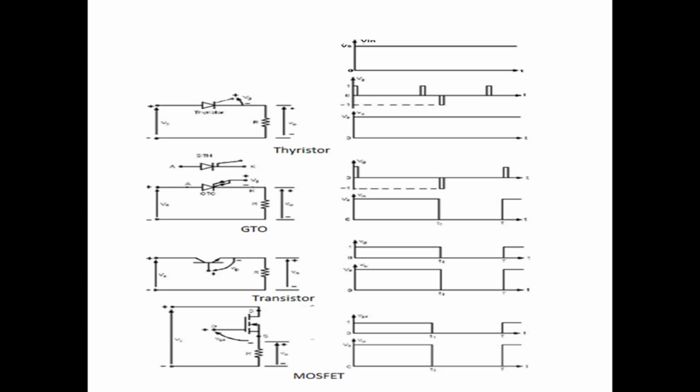For example, an SCR has three terminals: anode, cathode and gate. Here this is the load. We apply the input and it is transferred to the load through this SCR.